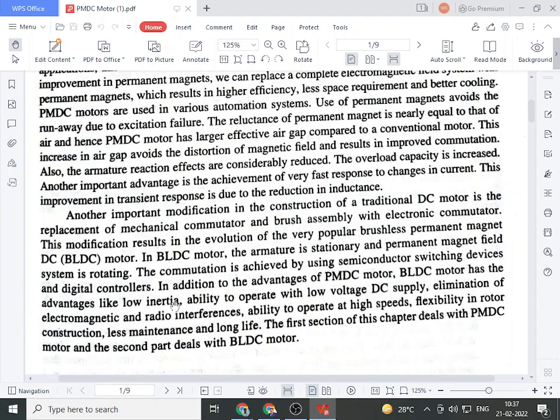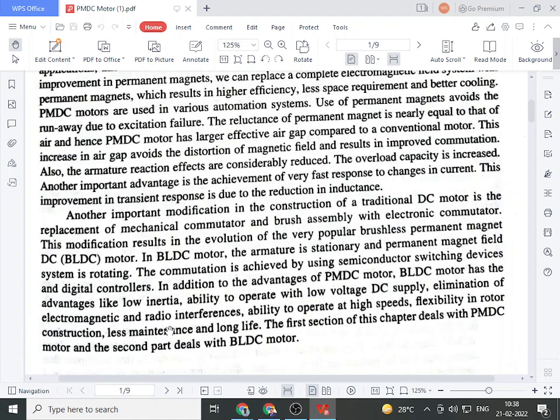Advantages like low inertia. Low inertia is due to the replacement of the entire field system with permanent magnets. That is one thing. Second, the ability to operate with a low voltage DC supply, and next is elimination of electromagnetic and radio interference.